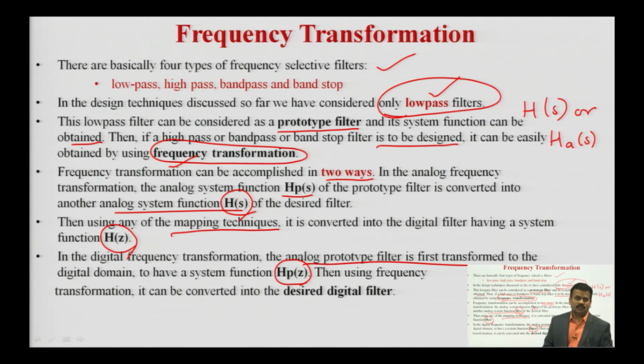So, in this way, by using the frequency transformation, you can design another type of filter, like high pass, band stop or band pass filter, because initially you know the specification of the low pass filter. Generally we are designing for low pass filter, so you have to transform here.